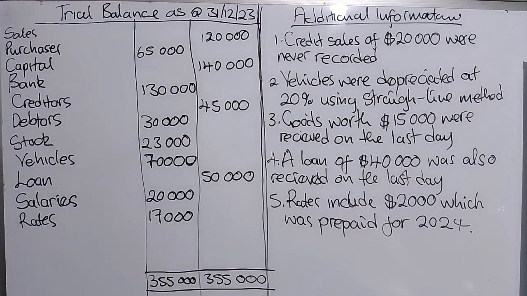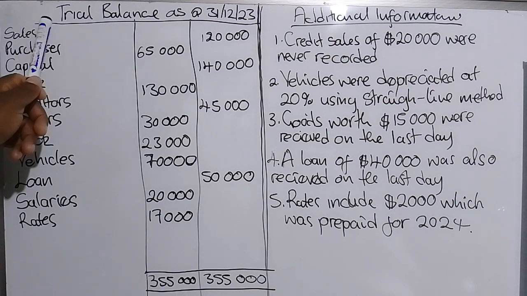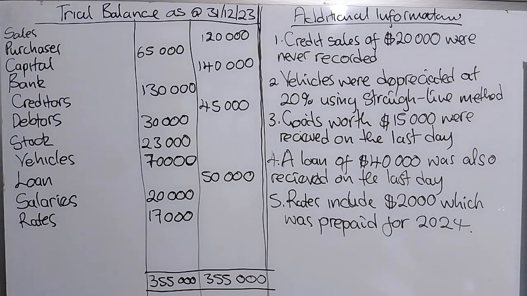When we are preparing the trial balance, we use a similar heading as that of a balance sheet or statement of financial position, because in the trial balance we are listing the balances of all the accounts that we have.